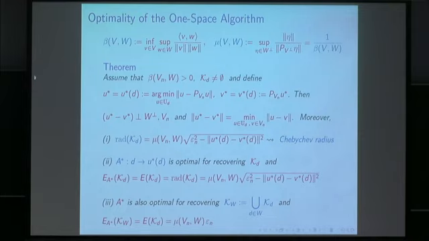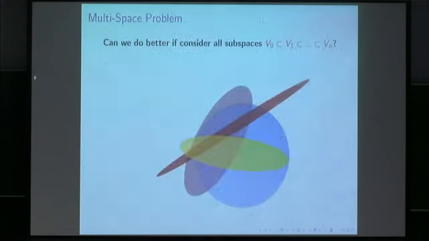And in this case, we also can say that this algorithm would be optimal recovery for the set. So now I want to say what we can achieve additionally if we consider all the n spaces.